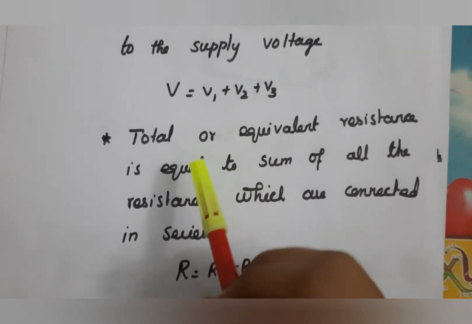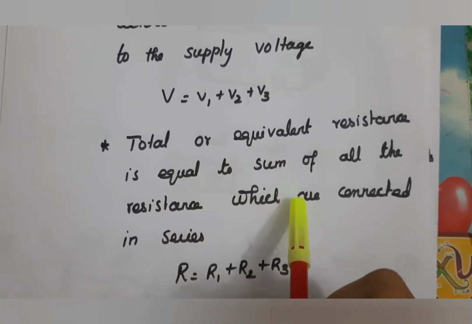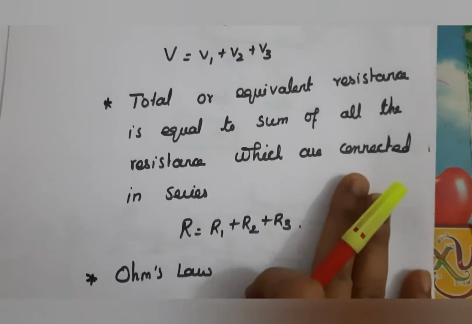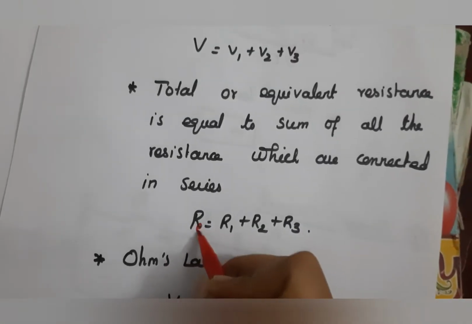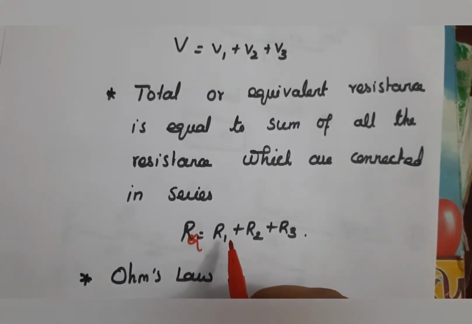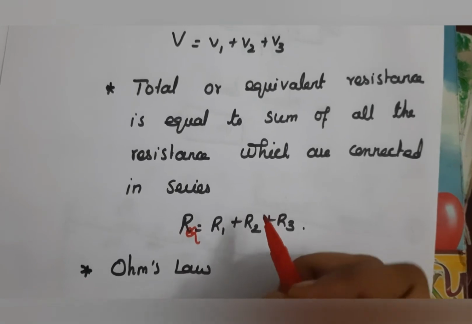And the total or equivalent resistance is equal to the sum of all resistances connected in series. So for series connection, R equivalent is equal to R1 plus R2 plus R3, just a summation of all three resistors.